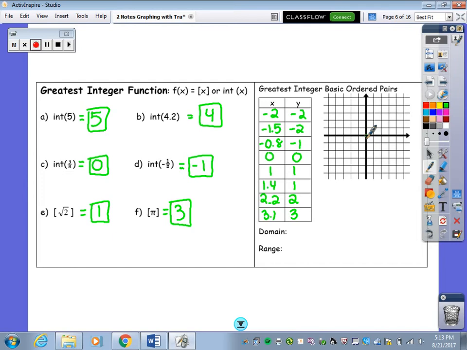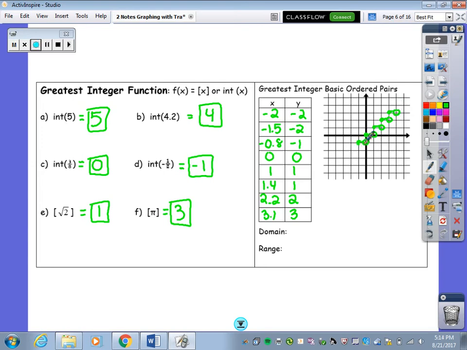The way this function is graphed, if you think about it, say we have 0.5. We know it always rounds down. So when it's 0, we know it just stays 0. When it's 0.5, it rounds down. When it's anything up until 1, it is going to round down to 0. Same thing here. So what this function ends up looking like is this. Closed circle, open circle. Closed circle, open circle.